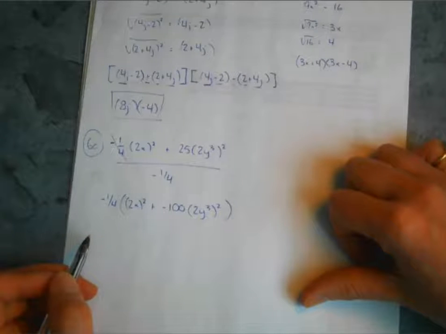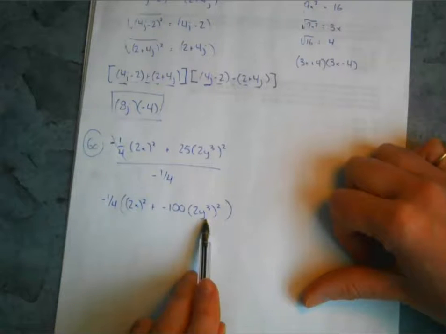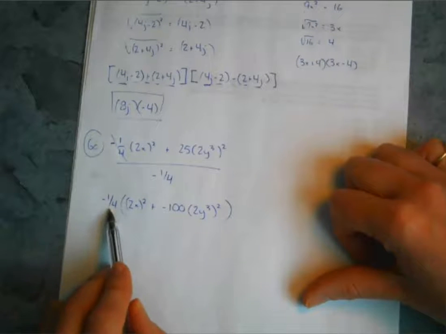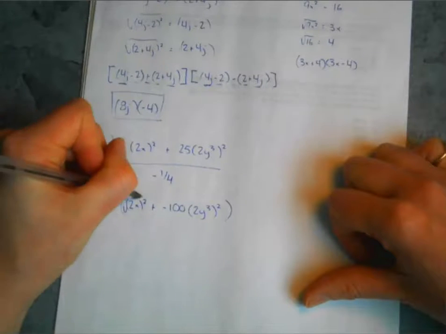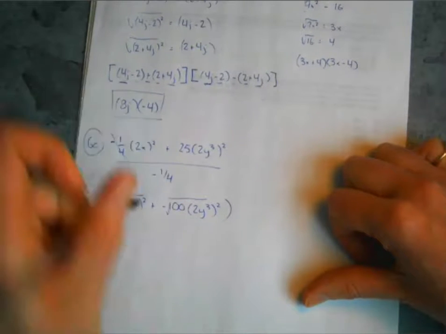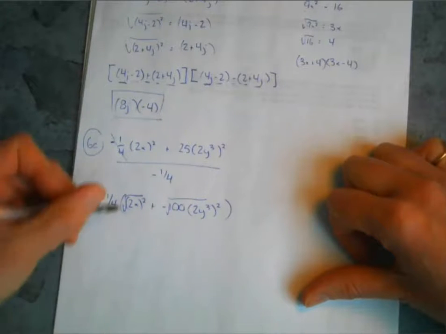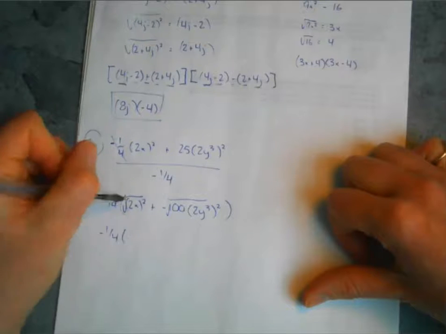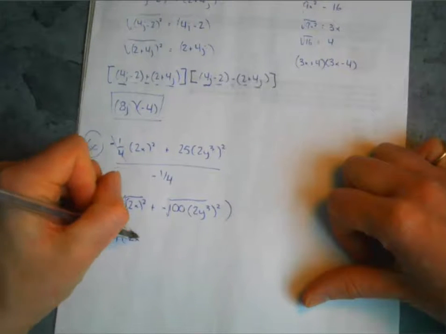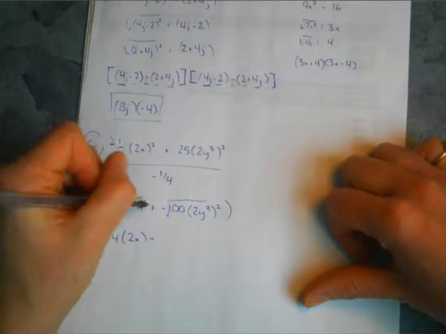So the next thing that we would want to do is now we do have two perfect squares in here, right? Because we've gotten rid of this -1/4. This can be square rooted to just 2x, and this whole thing can be square rooted because 100 can be square rooted, and so can (2y³)². So we're going to end up with -1/4 bracket 2x, now that we've square rooted that, minus.